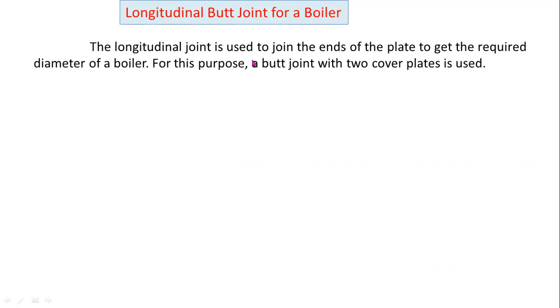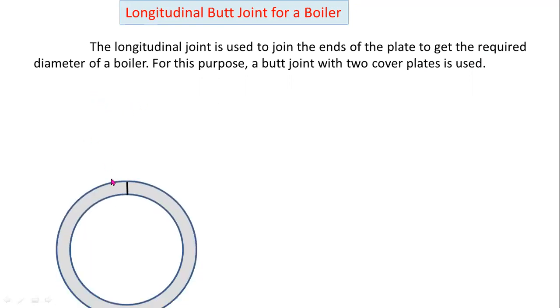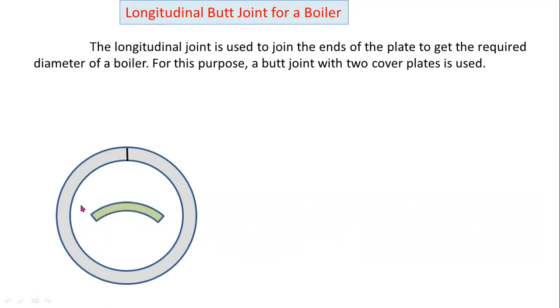The longitudinal joint is used to join the ends of the plate to get the required diameter of the boiler. You can observe this is the shape of a boiler. Here, this is the joint.